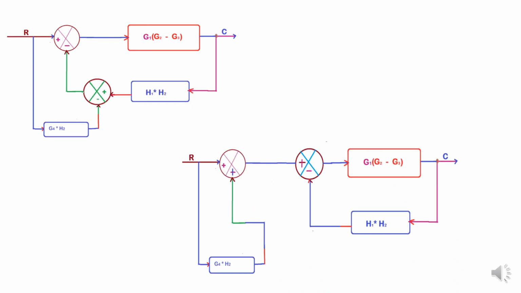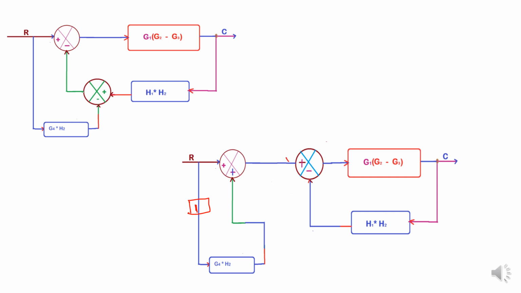And next, I have to interchange the summing points. So see, the G4 H2 signal is connected to the negative terminal. The same is connected to the negative terminal. So minus into minus, that is positive. So I have to connect the summing point here. Here the gain 1. This is connected to the positive of the summing point.